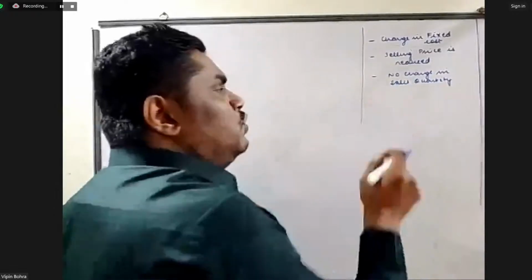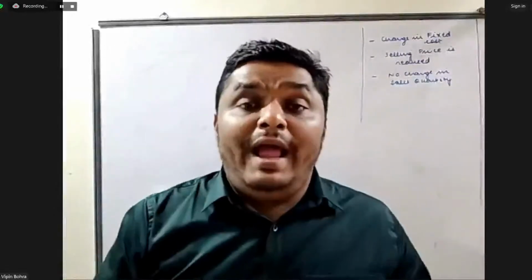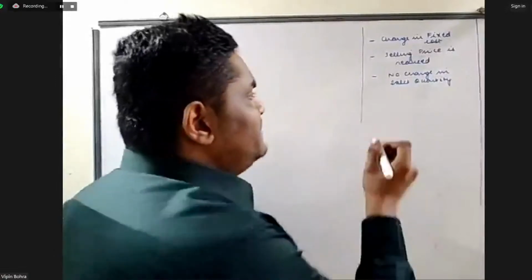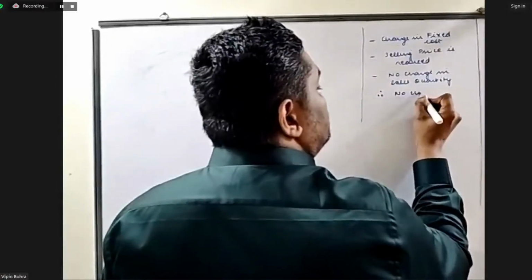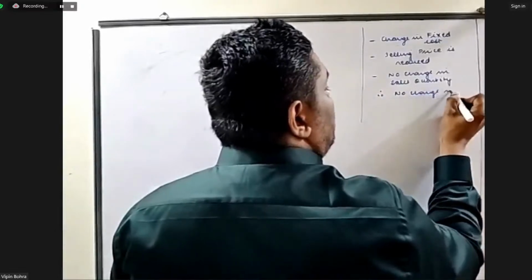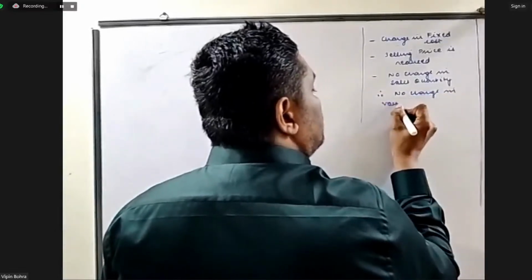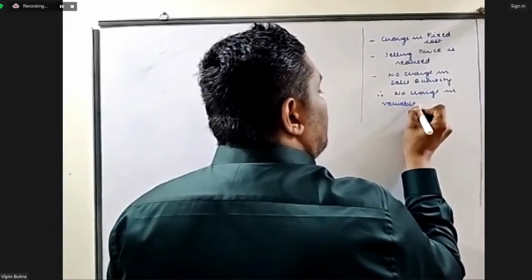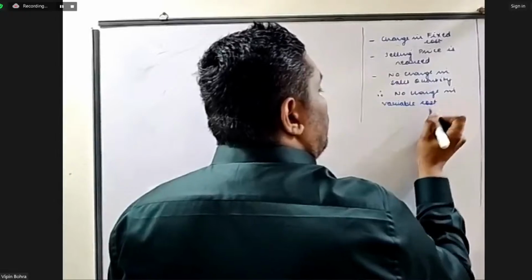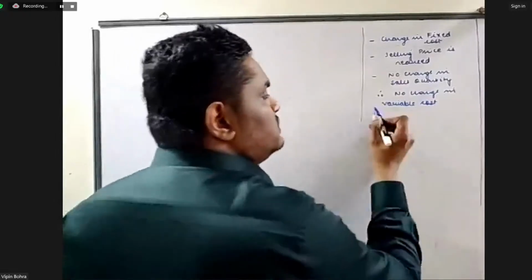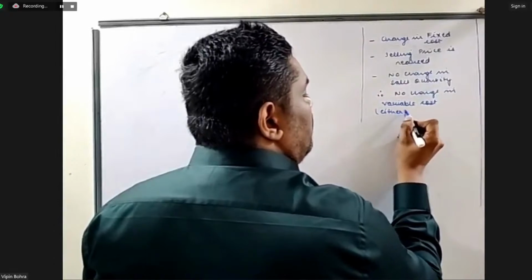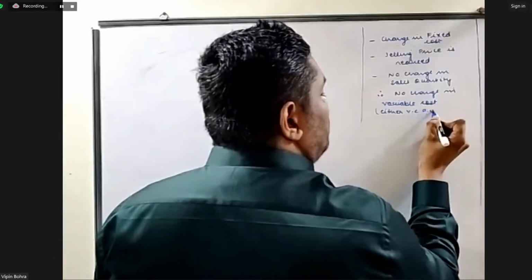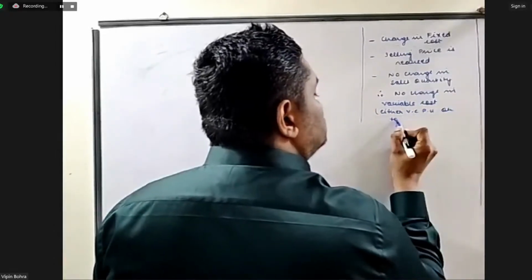Since there is no change in sales quantity and the question is silent about variable cost, therefore we can say no change in variable cost, either variable cost per unit or total variable cost.